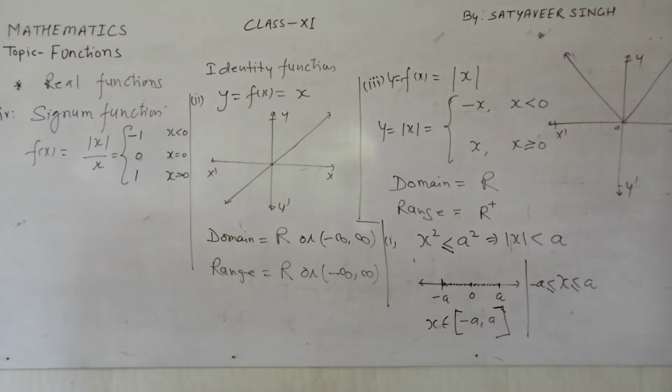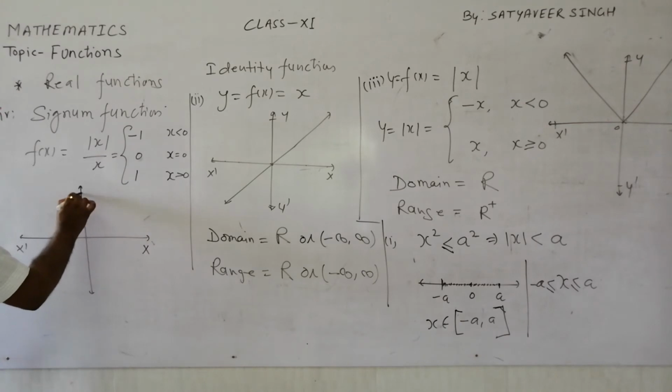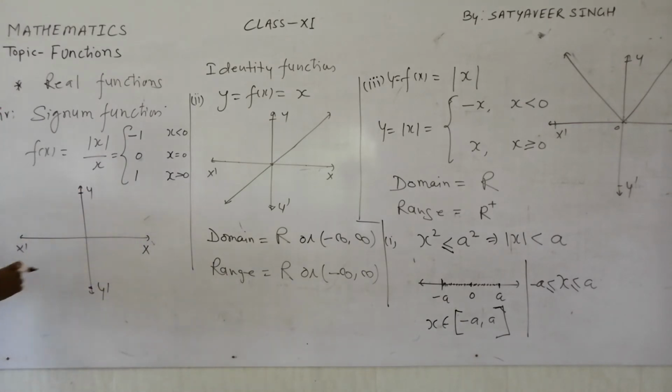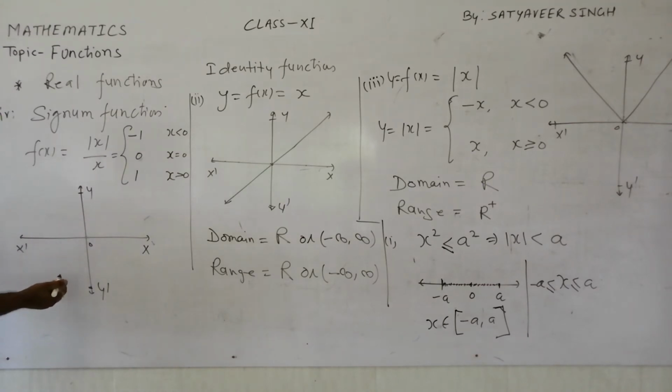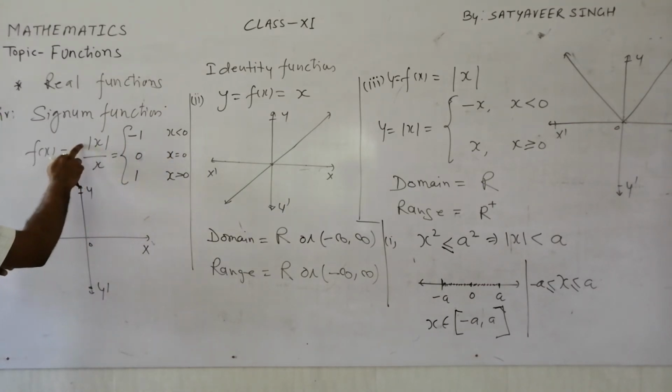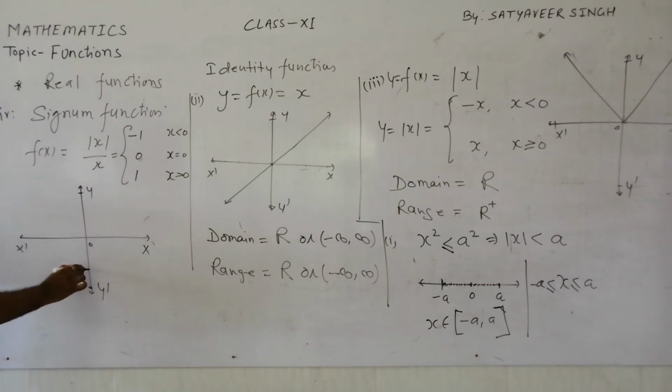So this is the result of the signum function, and we can understand the graph here. When we see the real values on the x-axis that are less than 0, lying on this part, the value is minus 1. This is minus 1 on the y-axis, and you have to make a circle here and draw this kind of line.